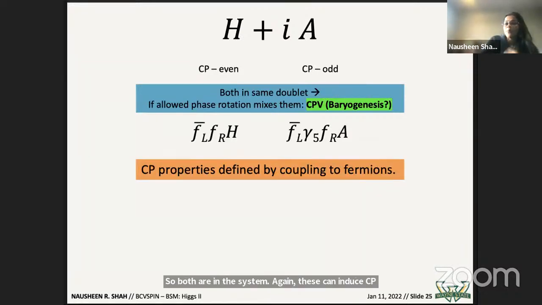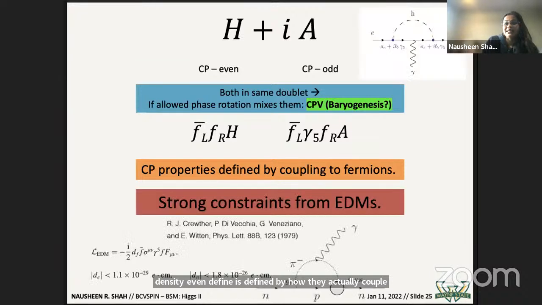And the properties, like which one is the CP odd and CP even, is defined by how they actually couple to the fermions. And because of the fact that these things couple to fermions, there are actually strong constraints which come from the EDMs, the dipole moments.